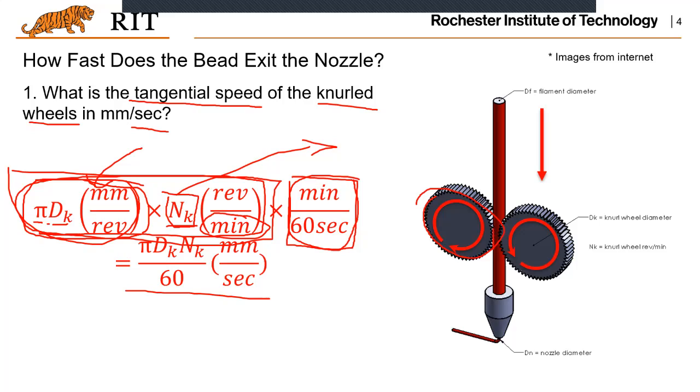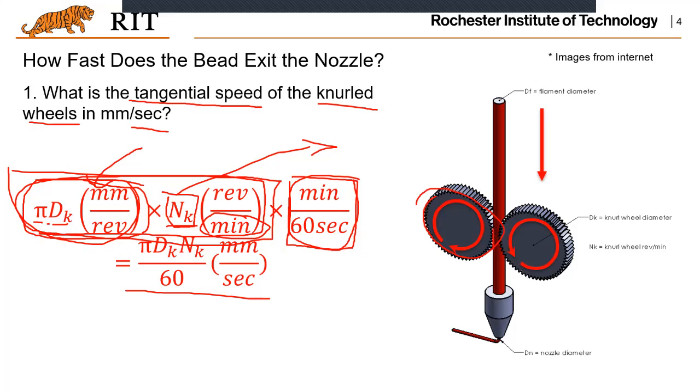Then multiply them together, and you have the distance it will travel in a minute. It turns out it is the speed. Then change it to millimeters per second, and that's it. Okay, any other questions? Are we good? Okay, let's move on.